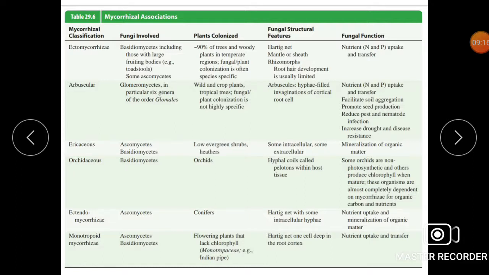Fungi involved are basidiomycetes, and the plants colonized are orchids, and fungus structural features include hyphal coils called pelotons within host tissue, and fungal function includes: some orchids are non-photosynthetic and others produce chlorophyll when mature. These organisms are almost completely dependent on mycorrhizae for organic carbon and nutrients.